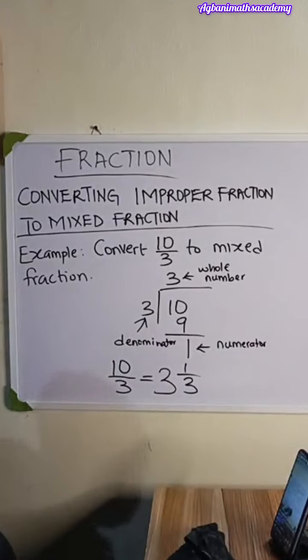So 2 multiplied by 1, then your answer plus 1. So 2 multiplied by 1 gives us 2, plus 1 gives us 3. So you have 3 all over 2. Good job. Well done.